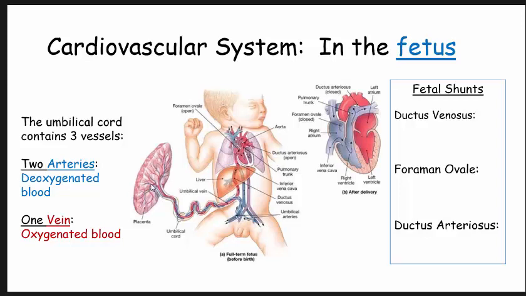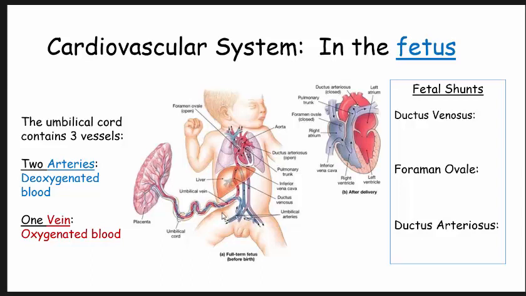So the placenta, the umbilical veins, are going to carry oxygenated blood back to the fetus, and the first shunt that we're going to encounter is the ductus venosus. So the ductus venosus is going to occur up in here where this umbilical vein, which is carrying oxygenated blood to the fetus, is actually going to dump right into the inferior vena cava and carry that oxygenated blood into the right atrium.